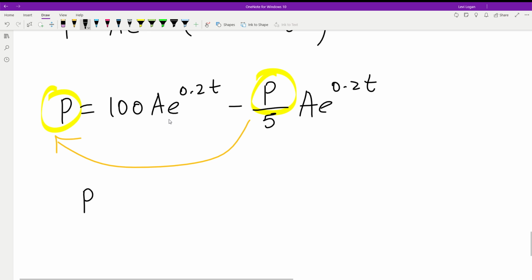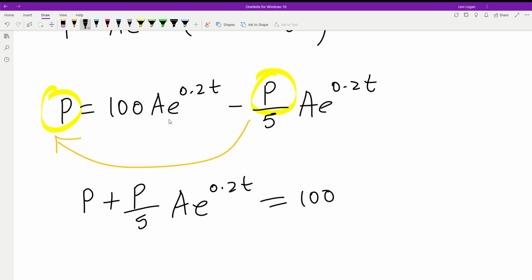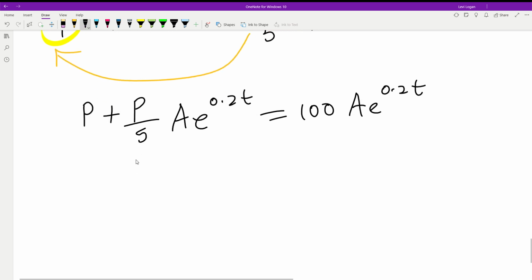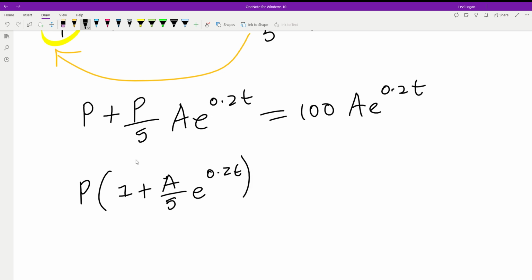Okay, so we have p. To move this to the other side, we have to plus it. So plus p over 5 a e^0.2t equals 100 a e^0.2t. What we can do here is factorize a p, so we get p times 1 plus a over 5 e to the 0.2t equals 100 a e^0.2t.